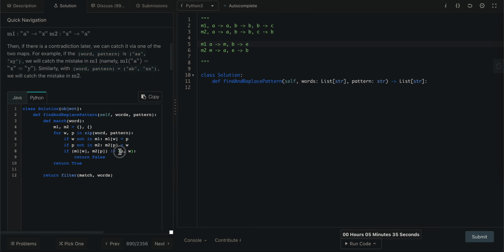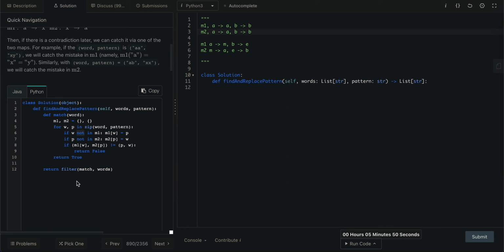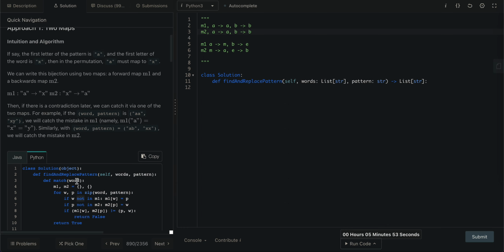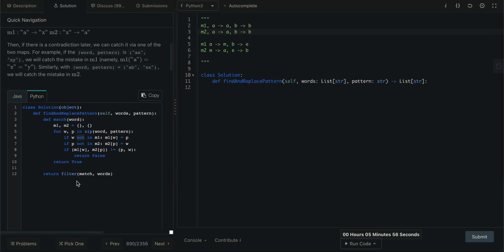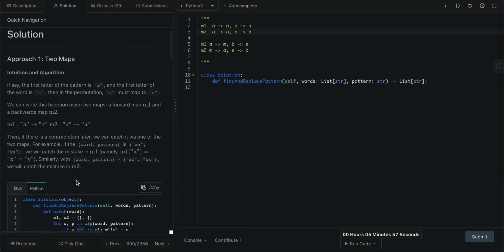If they are not exactly opposite of each other, then we return false. We only add a mapping if it is not already present, and that catches the mismatched word.